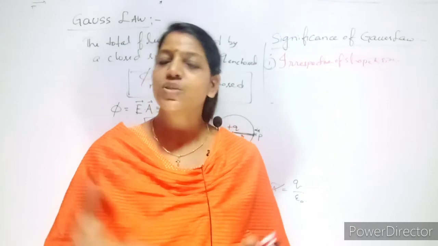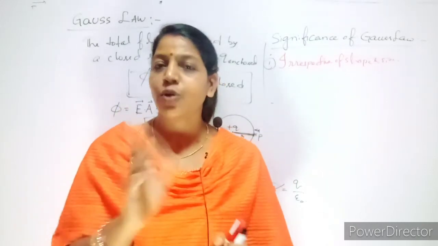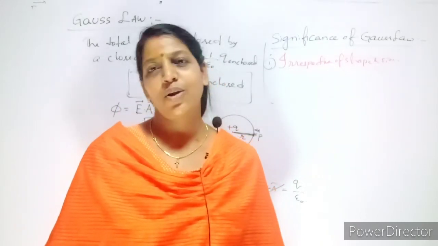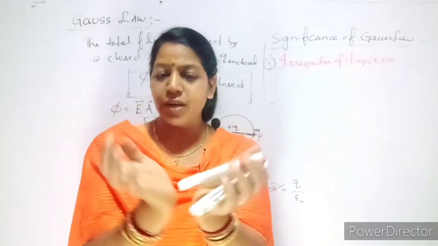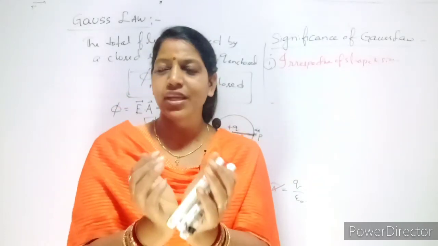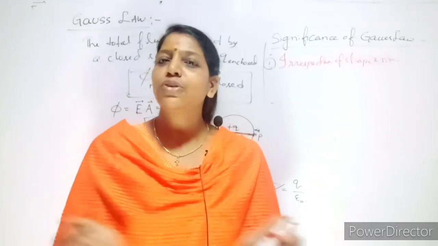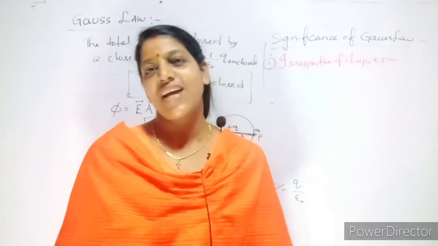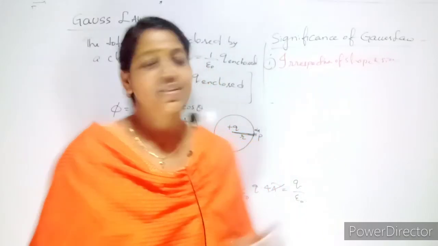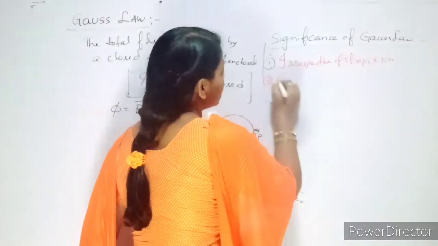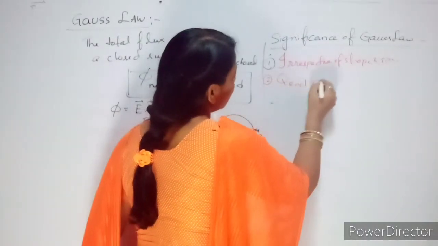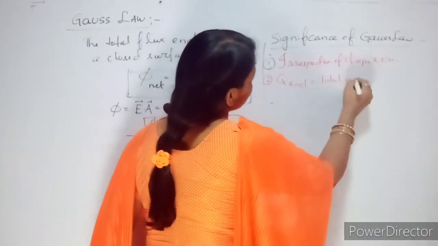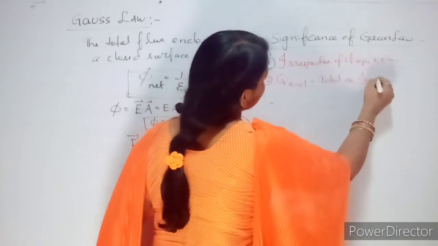Only the charges inside that surface should be considered. If there are more charges inside, Q1, Q2, Q3, then you need to add them up. So Q enclosed is the total charge inside.